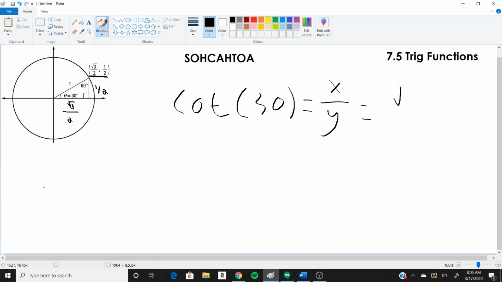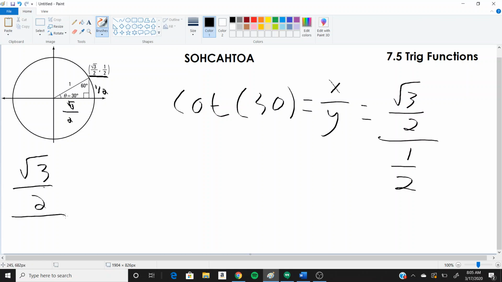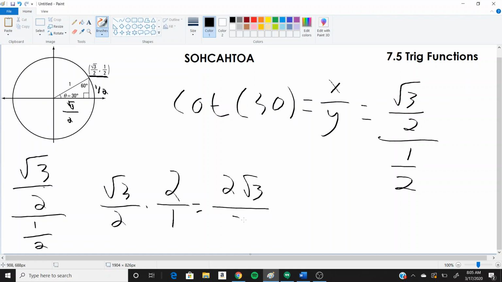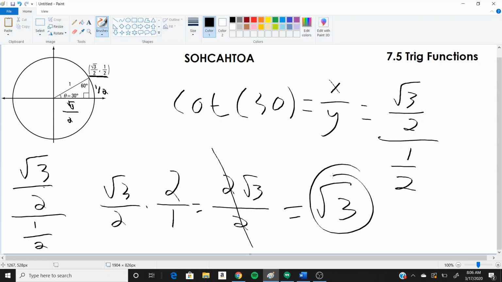So my x value is root 3 over 2. My y value is 1/2. Fractions in fractions, so we're going to do some math here. Root 3 over 2 divided by 1/2. We flip the bottom and multiply, so that's going to be 2 over 1. I'm going to get 2 root 3 over 2. Those 2's will cancel out, and you're just left with root 3. And we can leave something in a radical, we just can't leave radicals on the bottom.